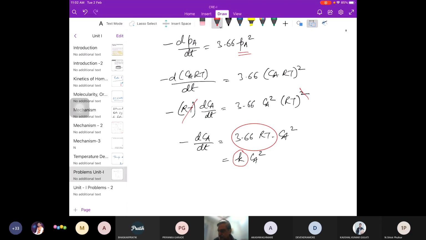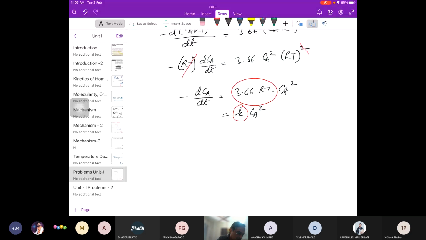Okay, any doubts, questions? So we have to find the value of K, that means we have to find the value of 3.66 into RT. So your K value is now equal to... and R is what? 0.08206, and what are the units of this?